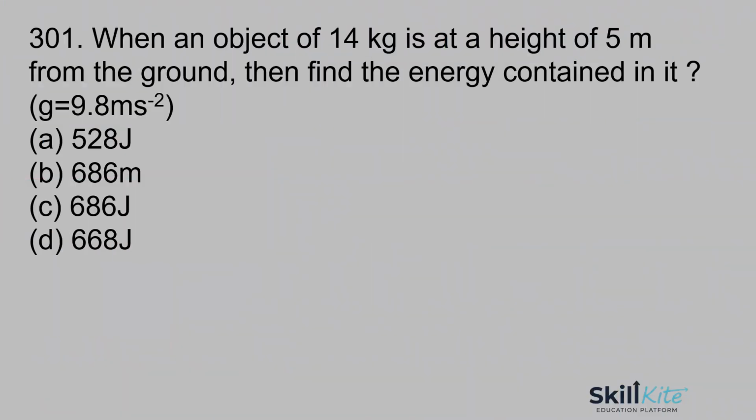When an object of 14 kg is at a height of 5 meter from the ground, find the energy contained in it. So it is related to the potential energy, right? Potential energy equals mgh.